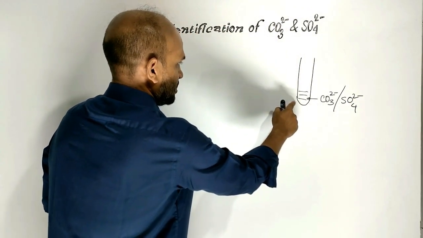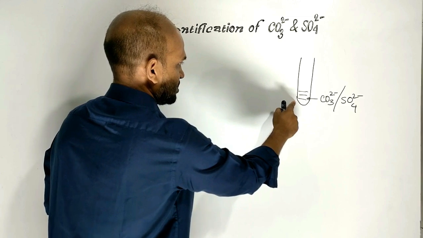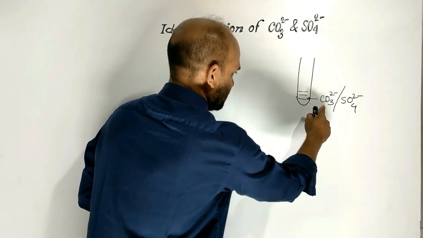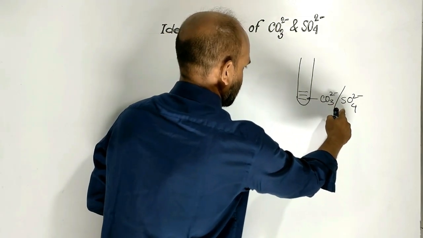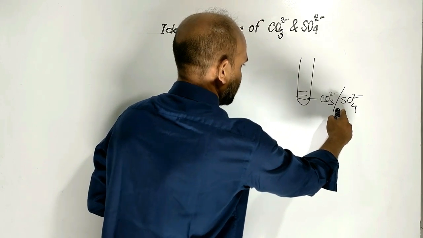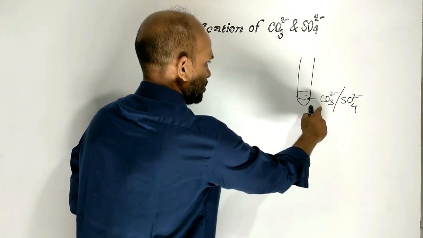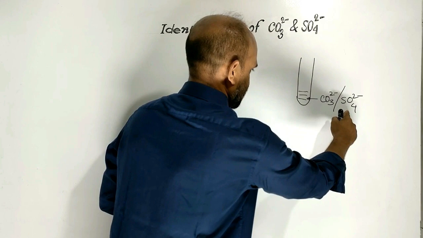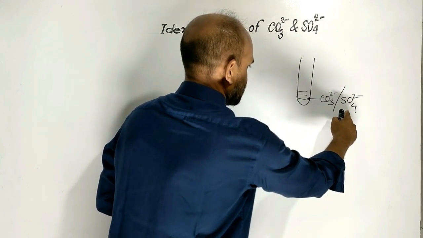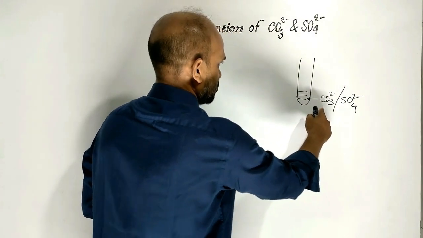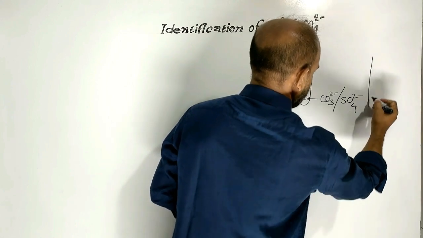Here, this solution contains either carbonate ion or sulfate ion. We have to identify carbonate ion and sulfate ion and distinguish between them. We need another solution.